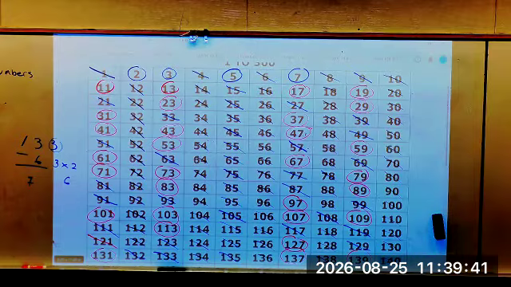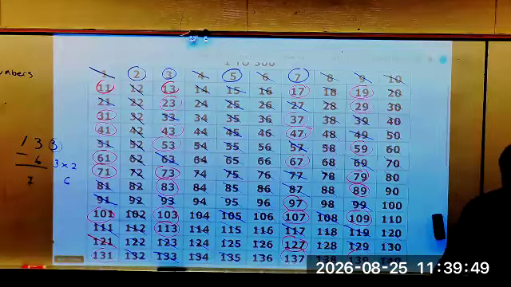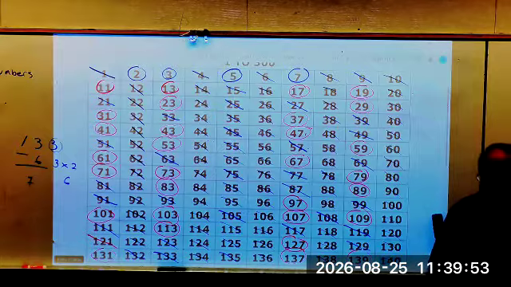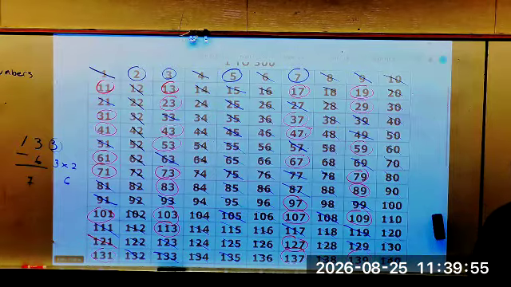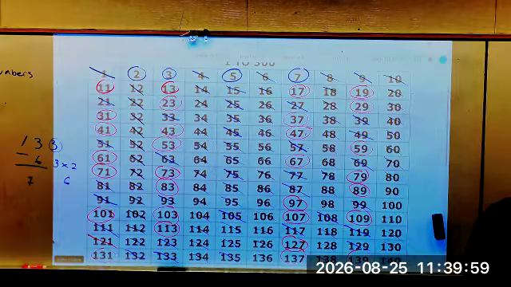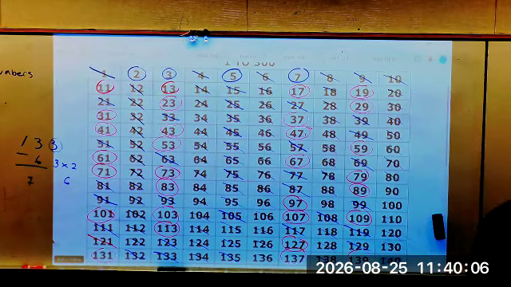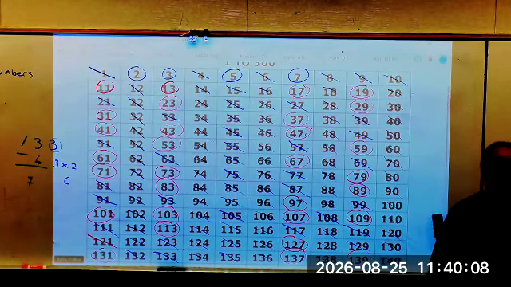So the question is, why do we think it works? Remember, Eratosthenes came up with this in 300 BC, over 2,000 years ago. This is number theory. This is part of the history of mathematics that is still relevant today.